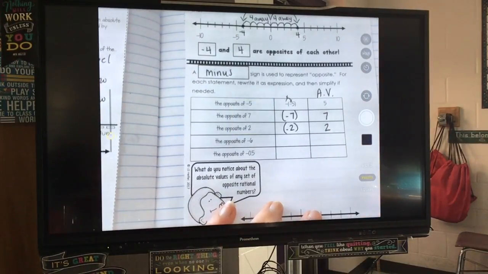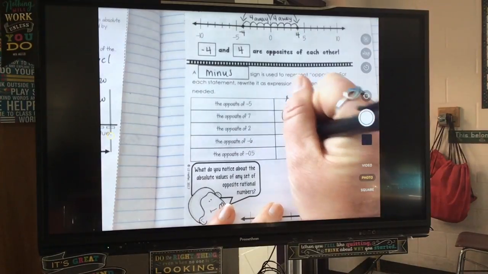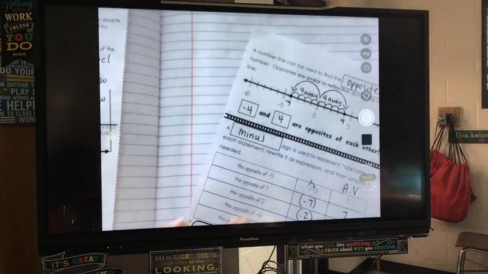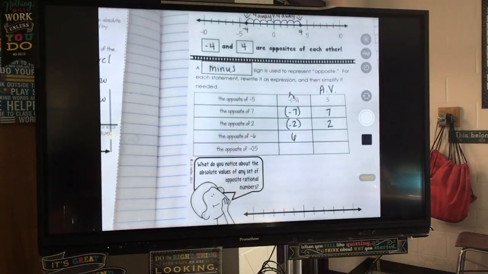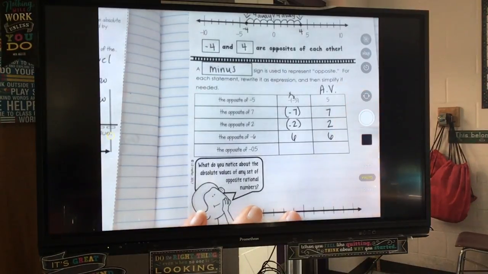The opposite of -6 is here. Positive 6. Okay, and then the absolute value of both of those? What's the absolute value of -6 and 6? Gabby? 6. And what is the opposite of -5/10?